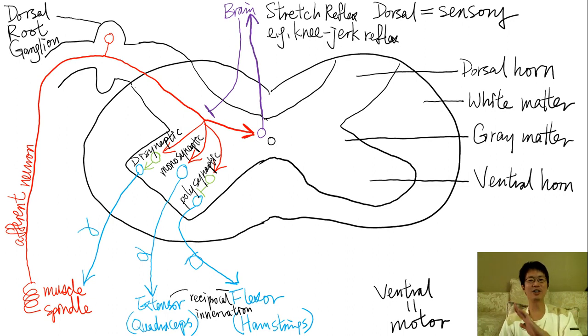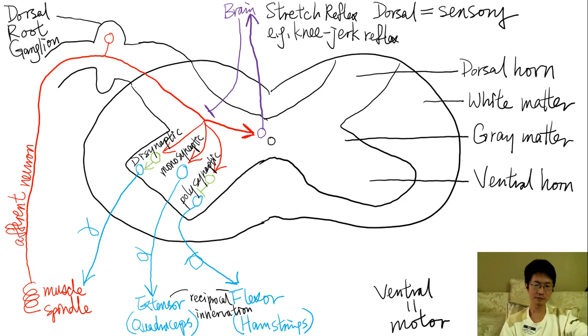Why is this so important for monosynaptic connection? Because monosynaptic is the fastest. Monosynaptic reflex is the fastest. Let me repeat: monosynaptic reflex is the fastest.